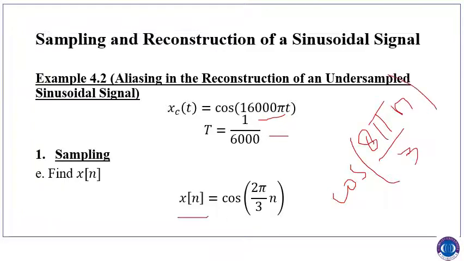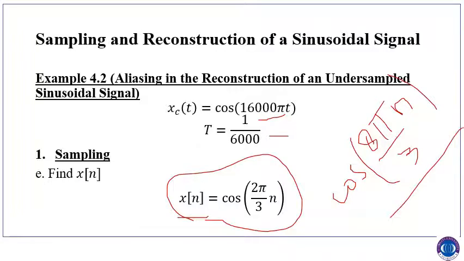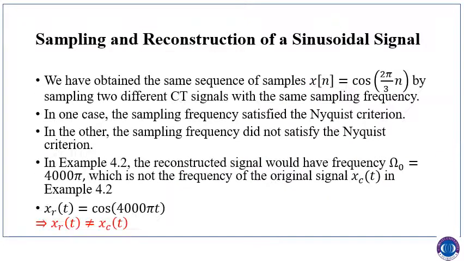This is just the fourth harmonic. So we have obtained the same sequence of samples, x of n equal to cos 2 pi n by 3, by sampling two different continuous time signals. In one signal we have the frequency of 4000 pi, in the other signal we have the frequency of 16,000 pi.